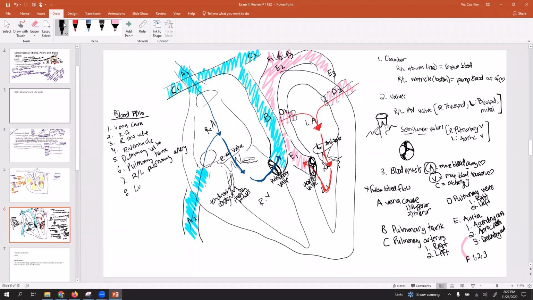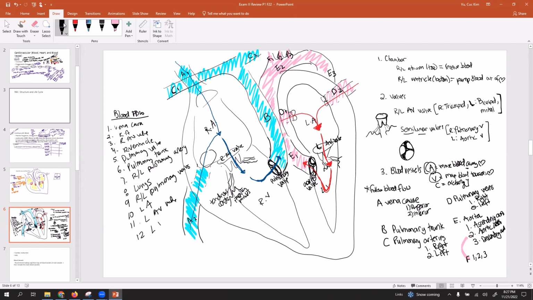And then it goes into the lungs. And then comes back through the right and left pulmonary veins. Yes, ma'am. And then it enters into the left atrium, passes through the valve. Left AV valve. Gets into what chamber?